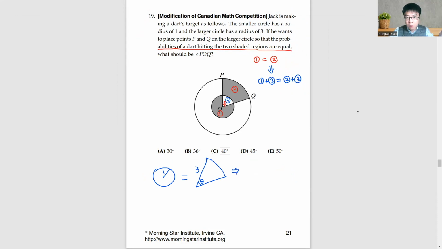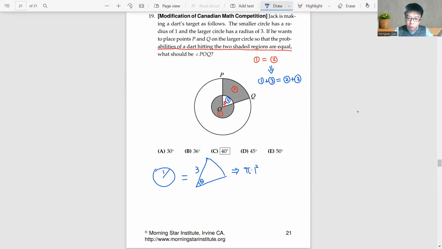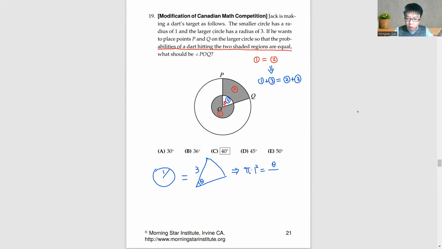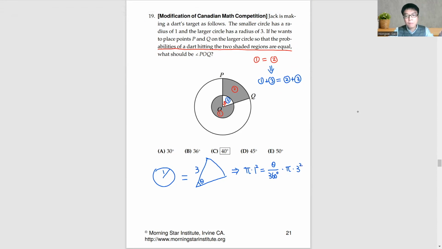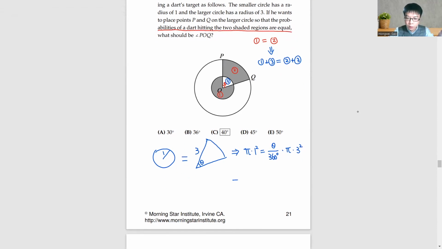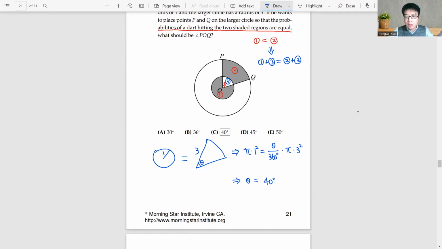Now, by the formulas of circles and sectors, we have that pi r squared equals theta over 360 degrees times pi r squared. Okay, then we can solve for theta. This theta is 1 over 9 of 360 degrees. So it becomes 40 degrees. So the answer is C here.